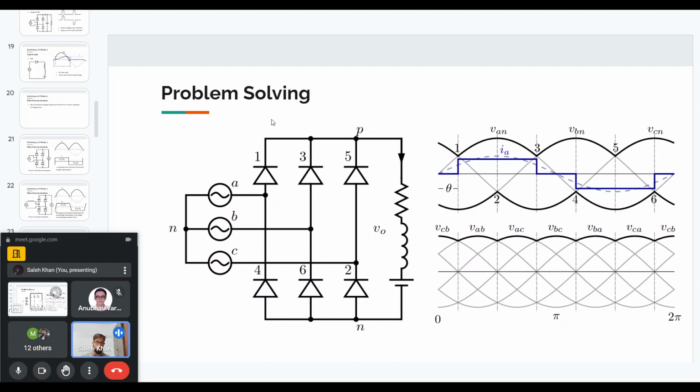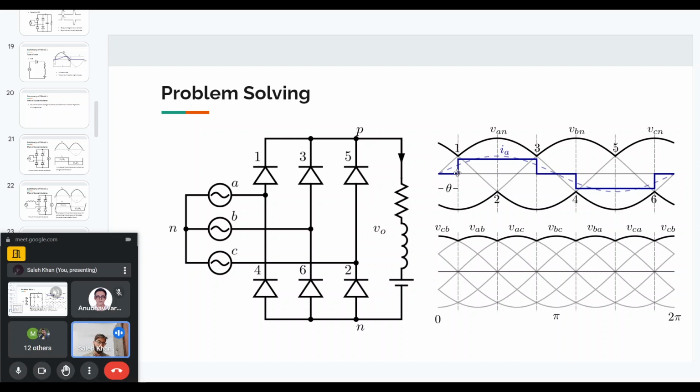When diode 1 conducts, the A current will be positive, and when diode 4 conducts, the A phase current will be negative. So at this point we get a positive A current. Then when diode 3 starts conducting, the A phase current will become 0. And when diode 4 starts conducting, the A phase current will become negative until diode 6 starts conducting. So this is how the phase current will look.